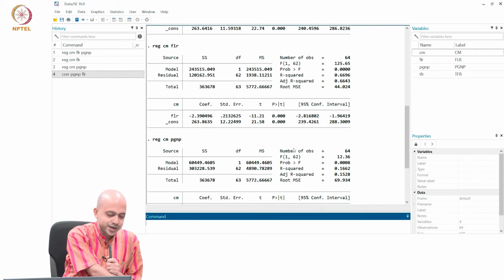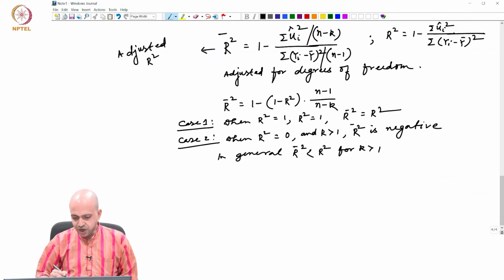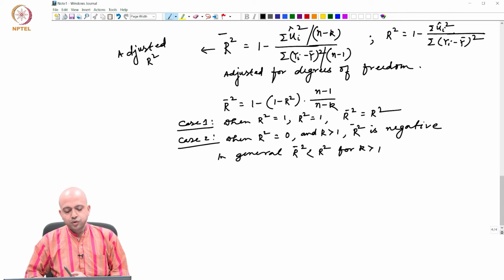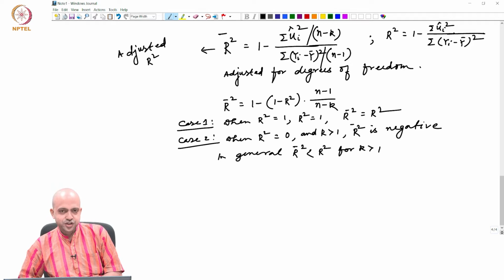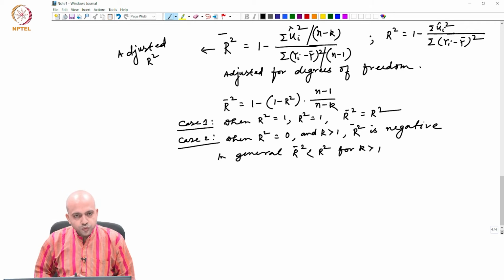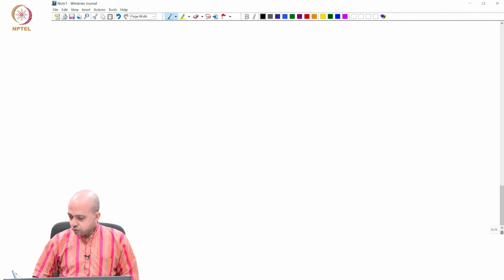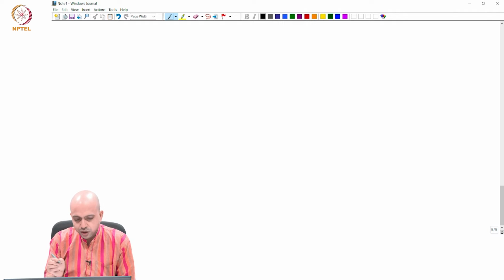Adjusted R square is lower than this one. So this is how we get the adjusted R square measure by adjusting for degrees of freedom, if at all we want to compare the explanatory power of two different models.